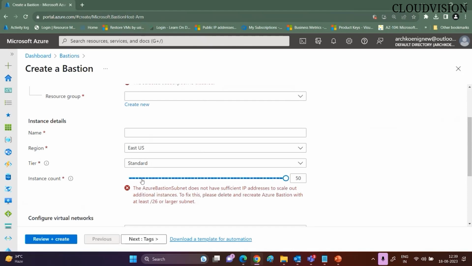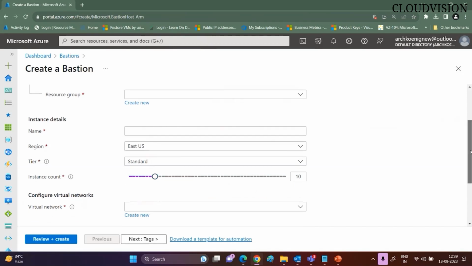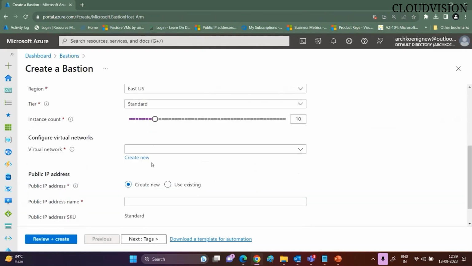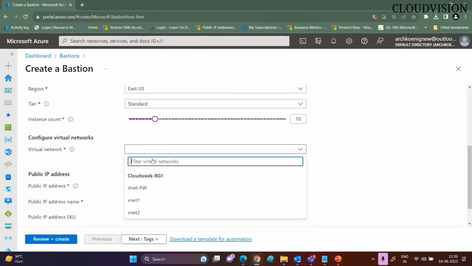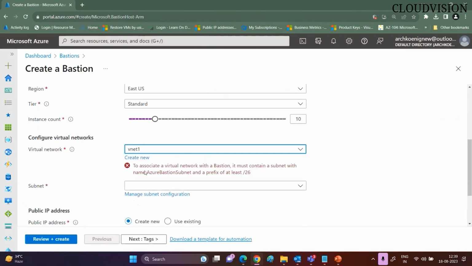For example, let's say I'm using up to 10 instances. In that case, you create a network and provide the public IP to it. But when you choose your network, you need a dedicated subnet as well. You see, it says associate your Bastion with a dedicated subnet called Azure Bastion subnet.